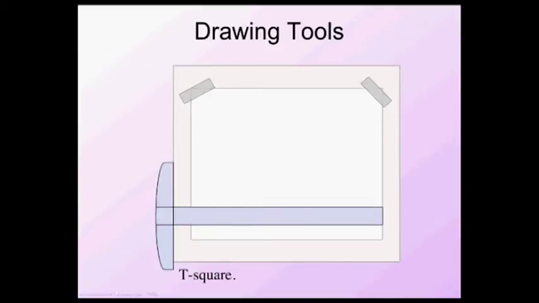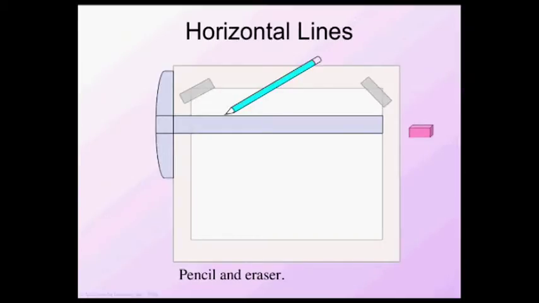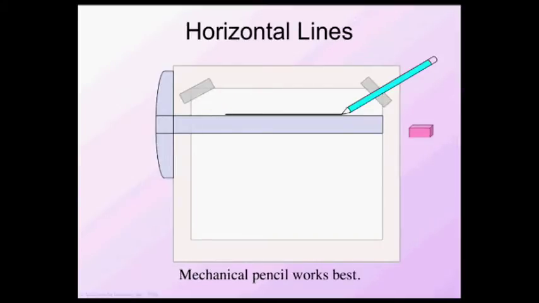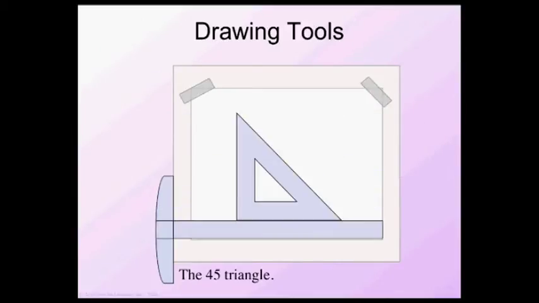Here's our T-square. The T-square must hug the edge of the board. Here's our pencil and eraser. Mechanical pencils work best because they will maintain that sharp point that we want for the children or for our drawing work. Here's a 45 triangle. Now, you can see we've got the two 45 angles and the 90-degree angle.